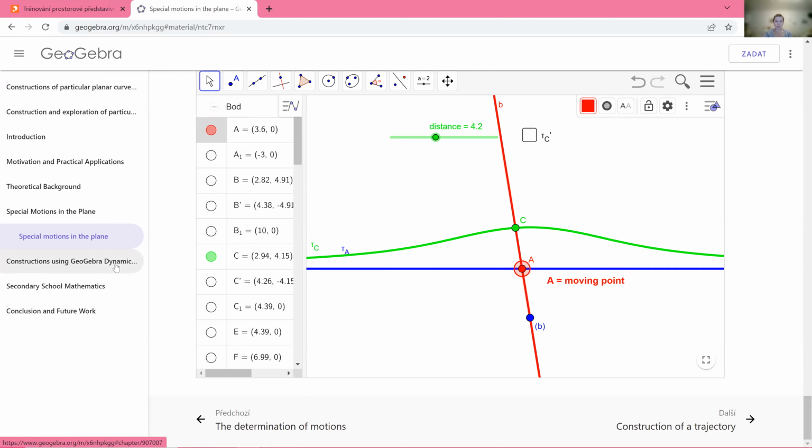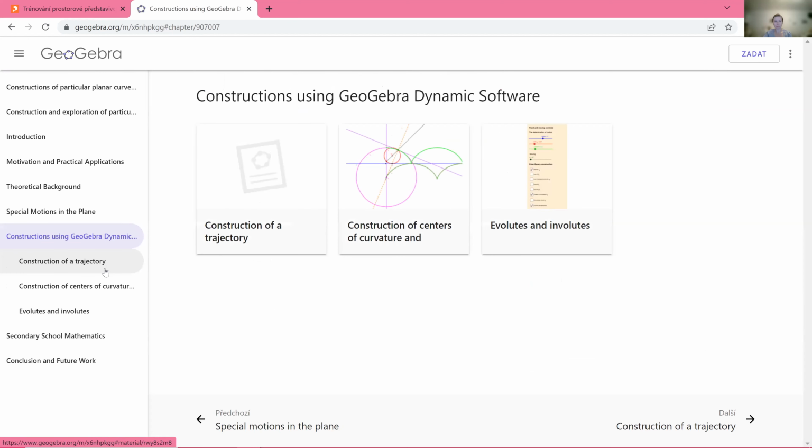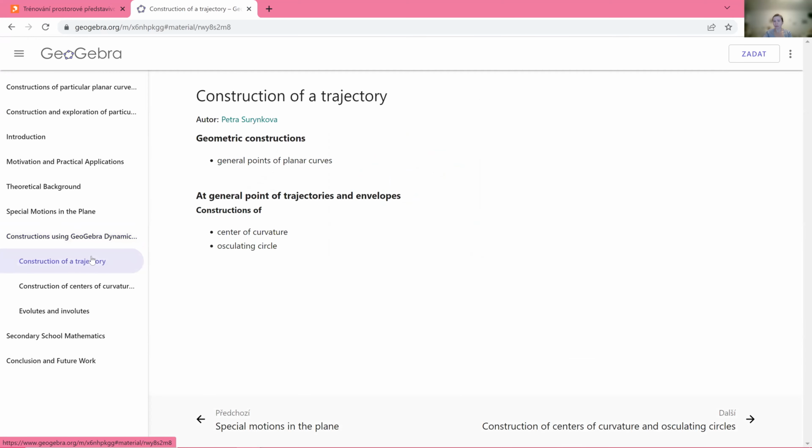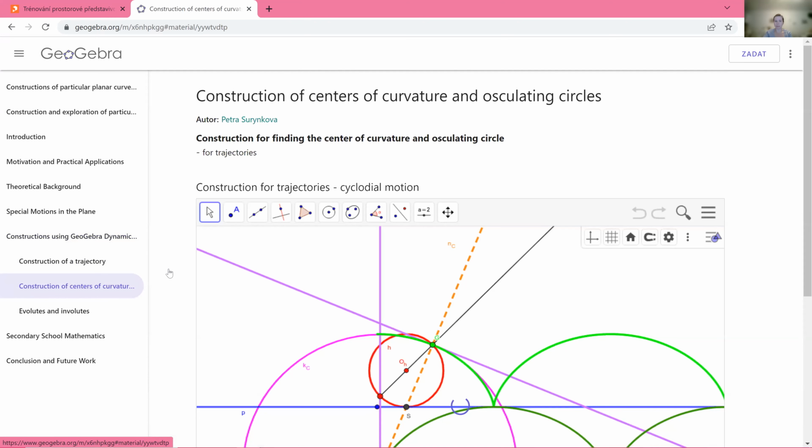So these are special motions in the plane, and we can, for example, study what kind of curves we can get with these motions. By hand, we can construct trajectories or envelopes. Again, GeoGebra can help here a lot. Or we can deal with constructions for finding the center of curvature of some curves, trajectories, and envelopes.